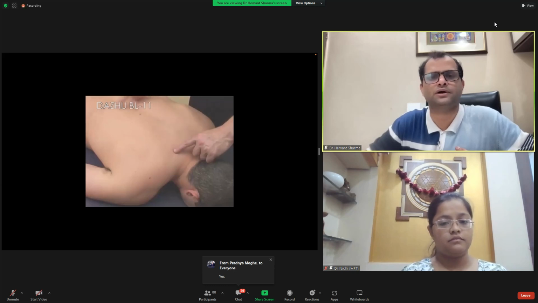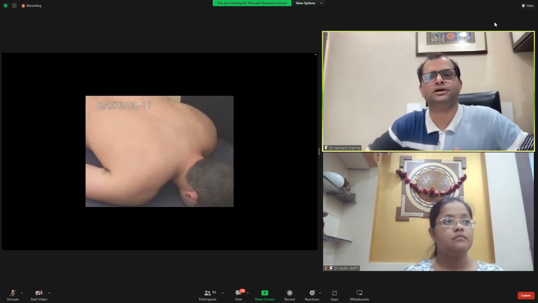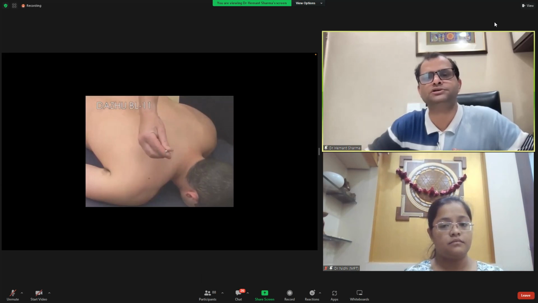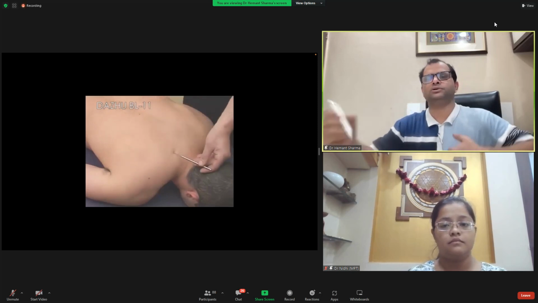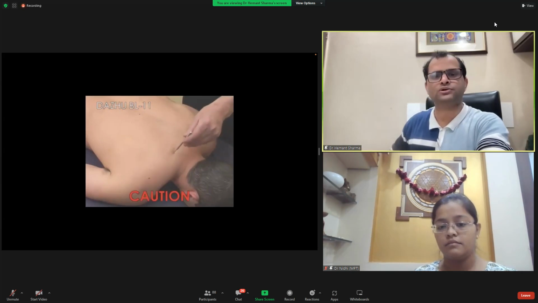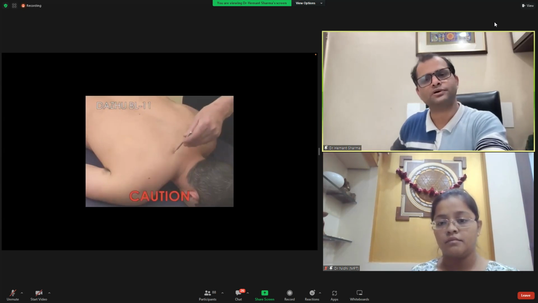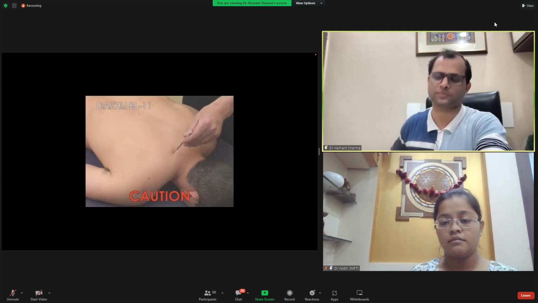UB11 is located 1.5 tune lateral from the thoracic vertebra. This is the location of urinary bladder 11, right?